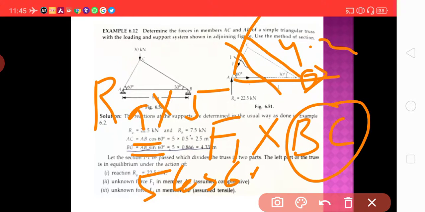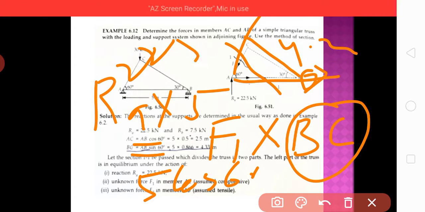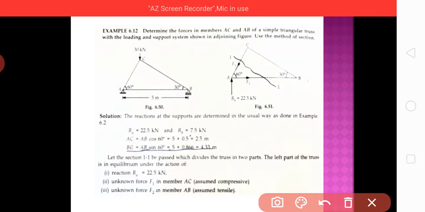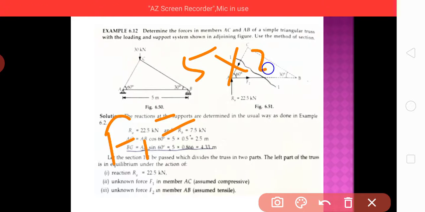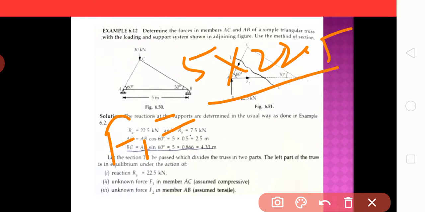Then R is 22.5. So this is 5. So you can find out that F1 equal to 5 into 22.5 divided by BC length.